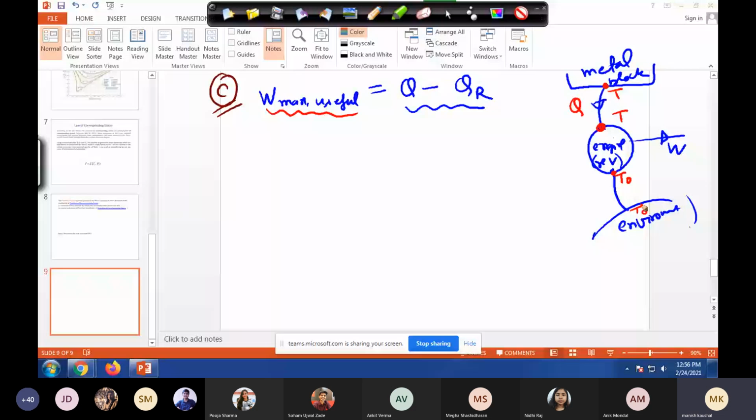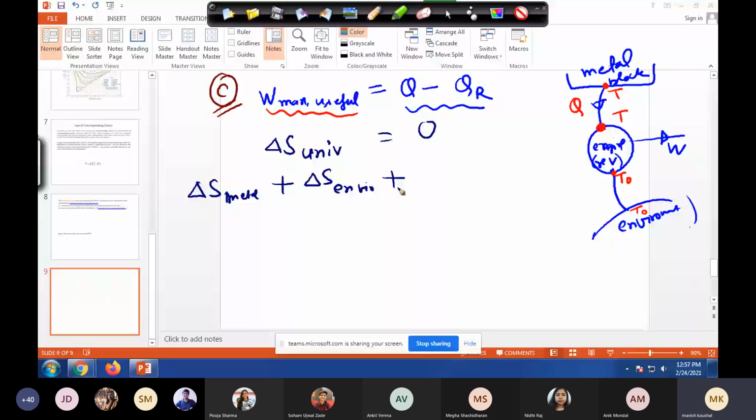Fine. Now, what we know that if everything is reversible, then delta S universe should be 0 or SG should be 0. When you say delta S universe, we have delta S metal block plus delta S environment or heat reservoir, plus delta S engine is equal to 0.